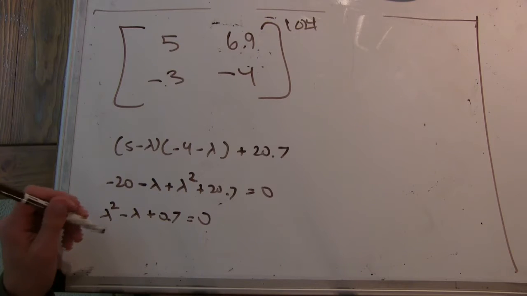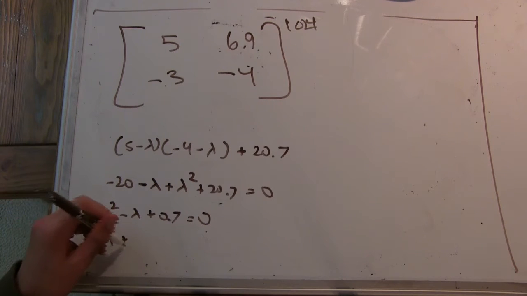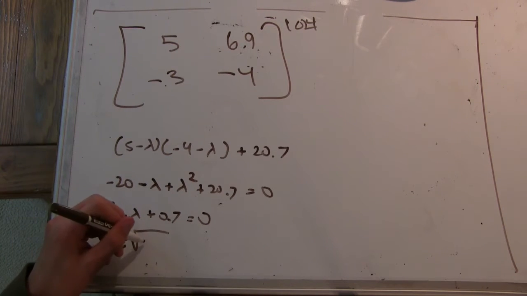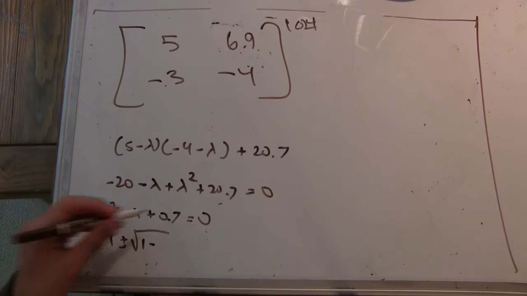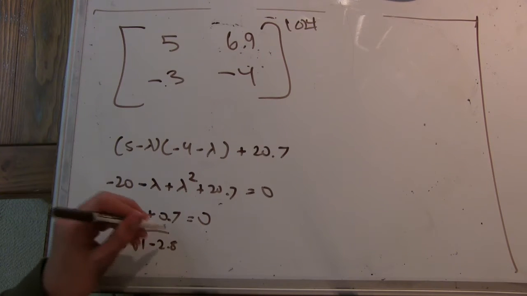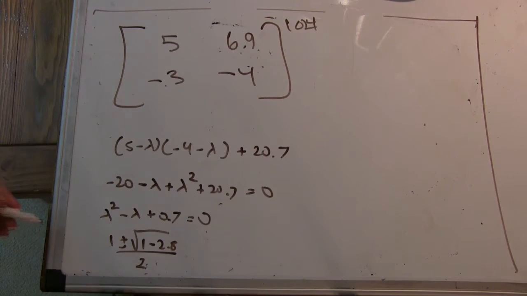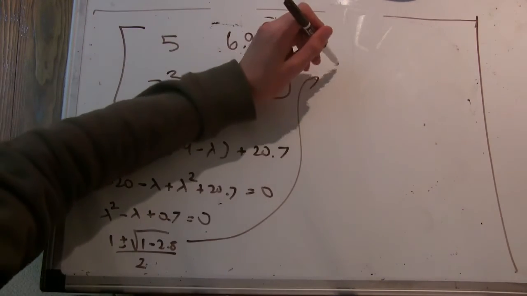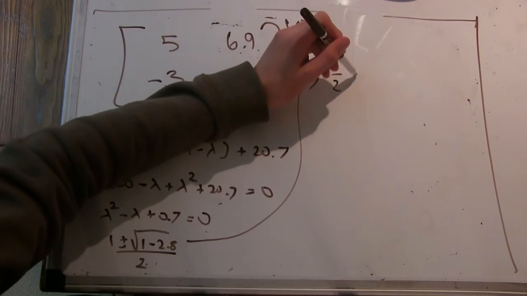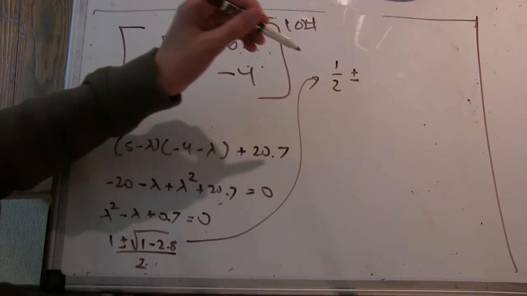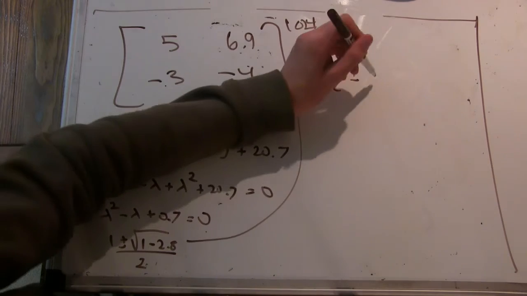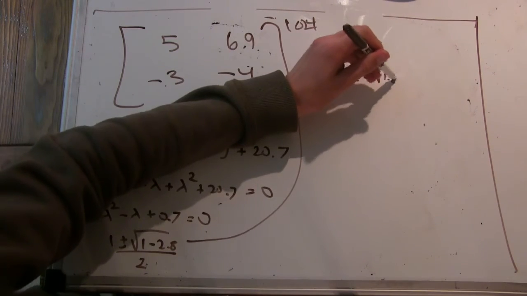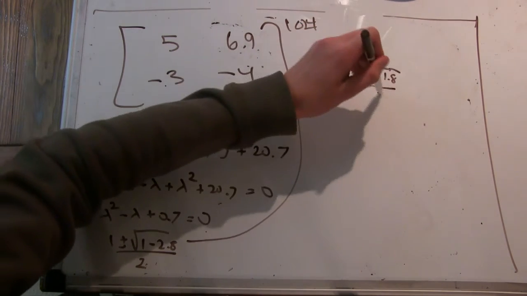So all the lambdas are going to equal 1 plus or minus the square root of 1 minus 4 times this, 2.8, over 2. So we get 1/2 plus or minus i times the square root of 1.8 over 2.